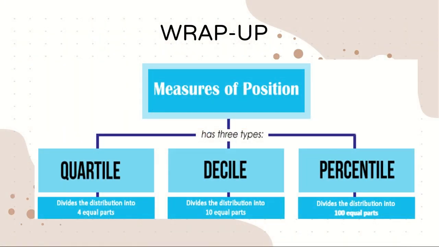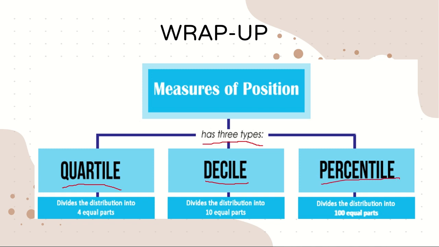So to wrap up the discussion for the illustrations of the measures of position, the decile, percentile, and the quartile. Here are the measures of position. We have three types of measures of position, which are the quartile, decile, and percentile.